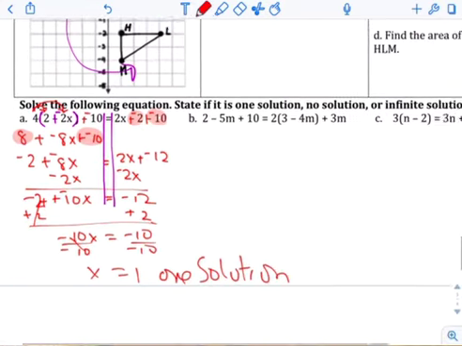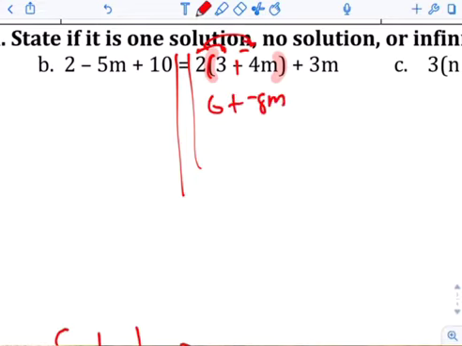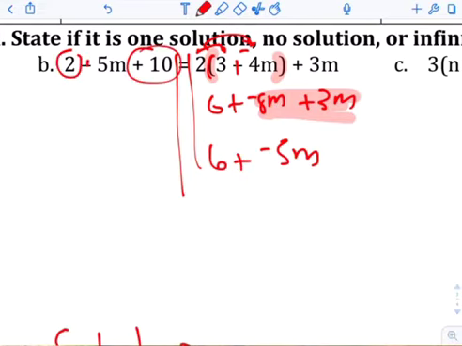Okay, let's look at B. B, same thing. Always do parentheses first. Additive inverse. Plus 3m. These two are alike. You get negative 5m. Combine these two together. Additive inverse.